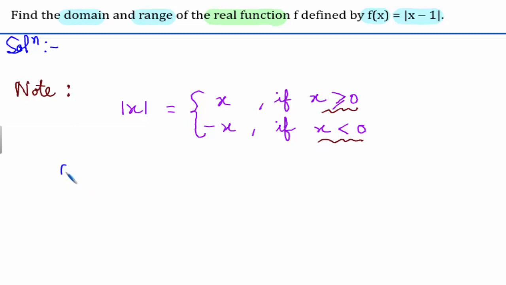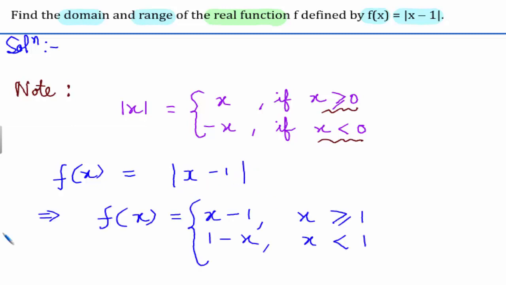Now the given function is f of x is equal to mod of x minus 1. This implies f of x is equal to x minus 1 when x minus 1 is greater than or equal to 0, or we can say x is greater than or equal to 1, and it is equal to 1 minus x when x minus 1 is less than 0, or we can say when x is less than 1.